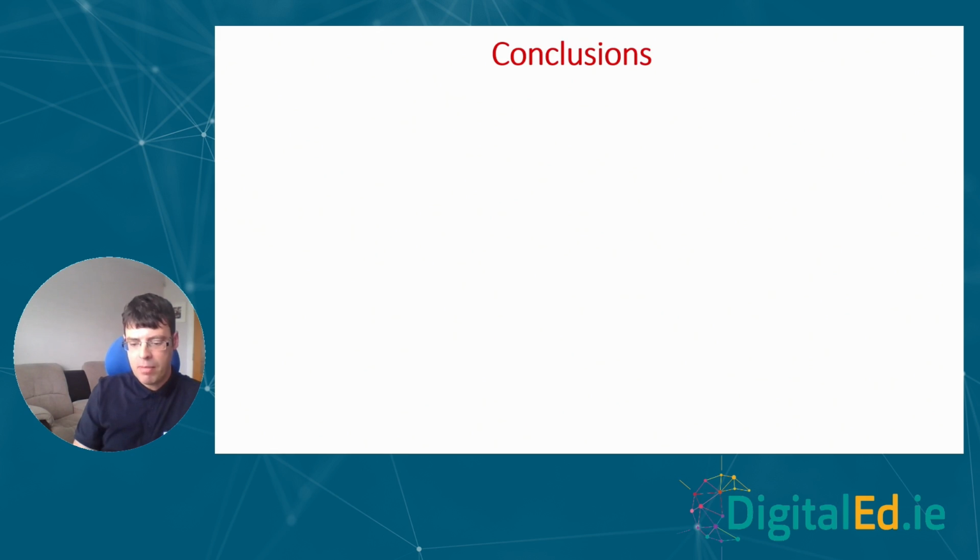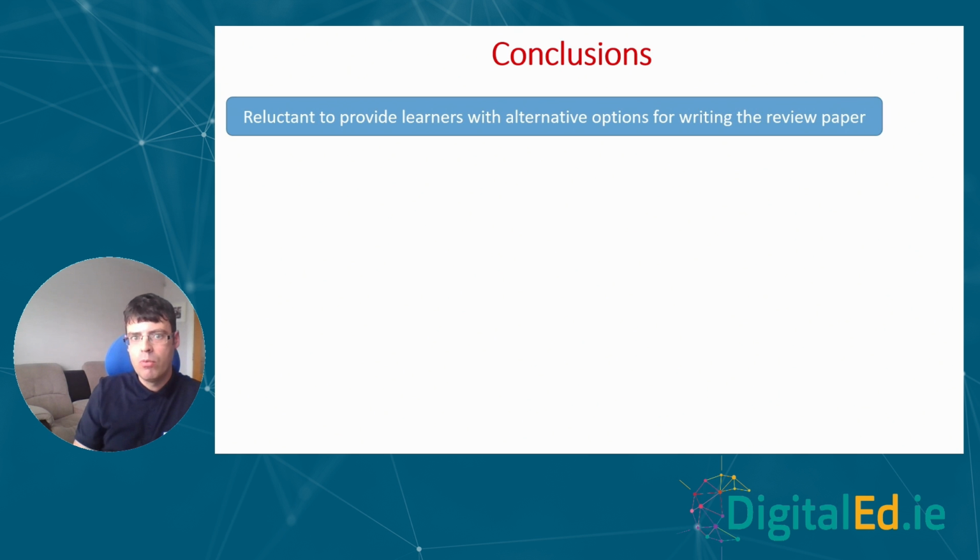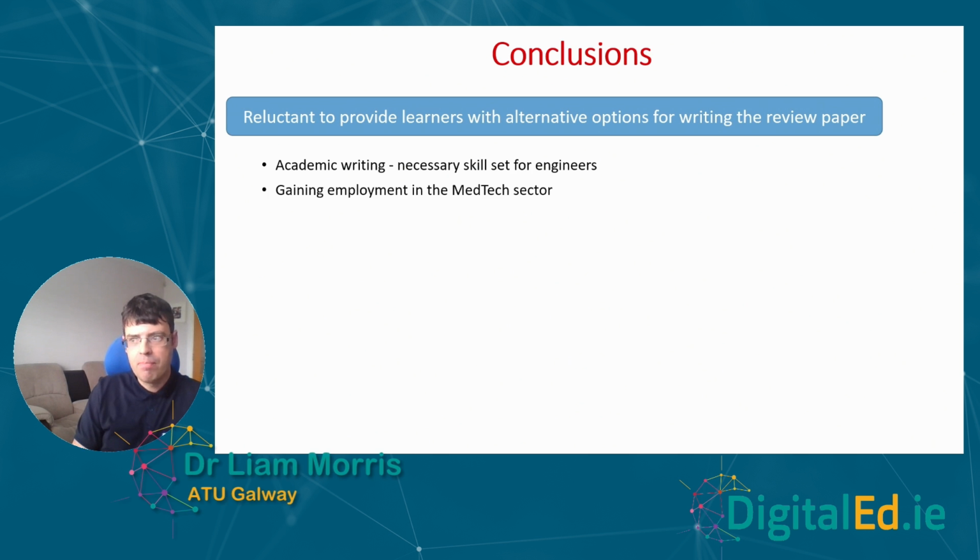So in conclusion then, I have two conclusions. Looking at UDL, it is nice to give them choices, but sometimes that might not be the best scenario either. So my first one here, I was very reluctant to provide learners with alternative options for writing the review paper, because academic writing is a skill that's needed, particularly for engineers.